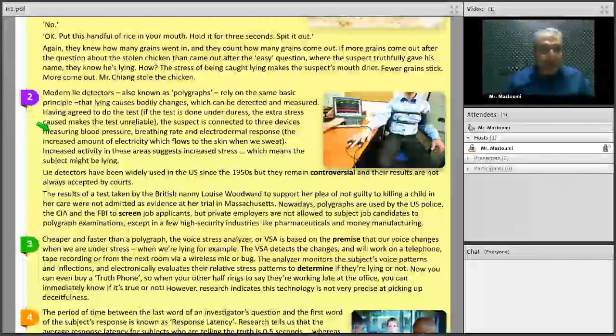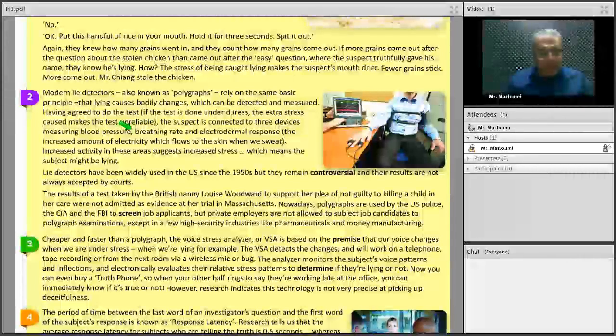They measure blood pressure. They measure breathing rate. Everyone, we have the word breath without an E at the end, which is a noun, and breathe with an E at the end, which is a verb. So breathing rate, and electrodermal response.